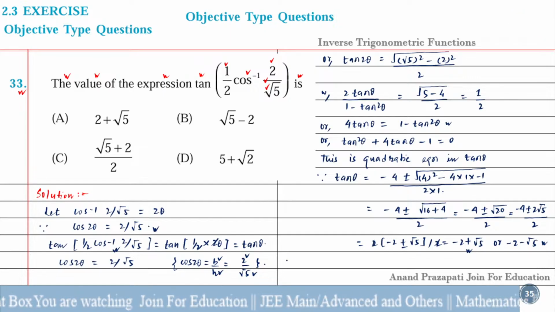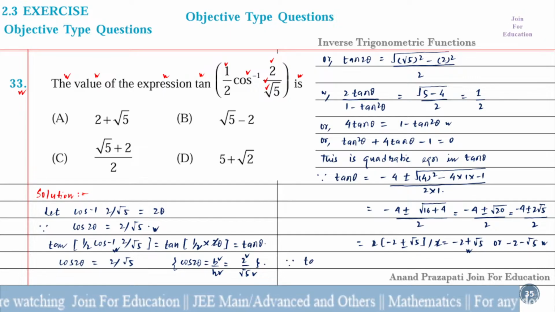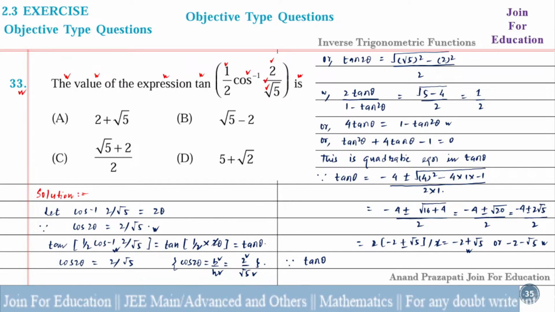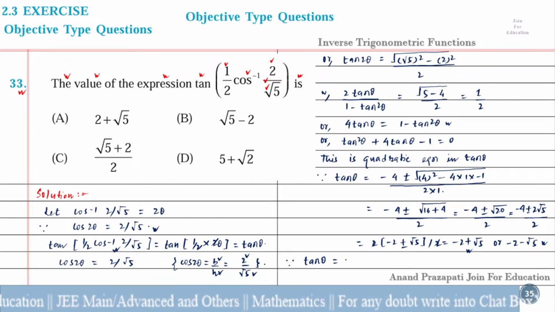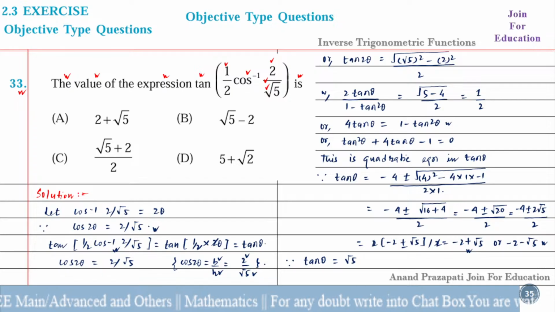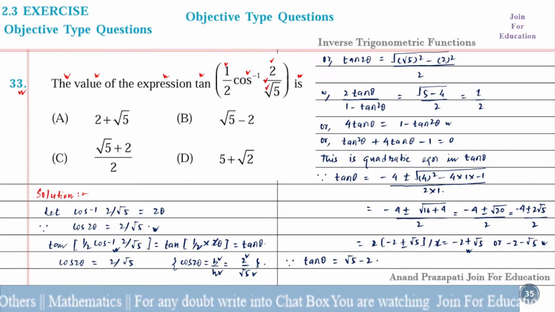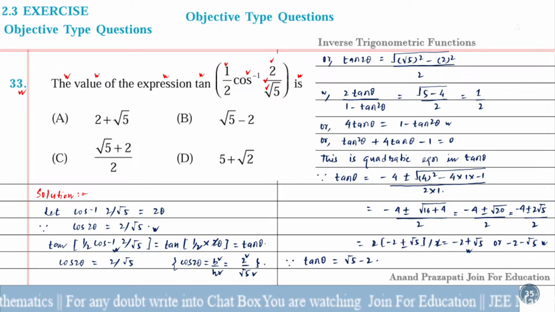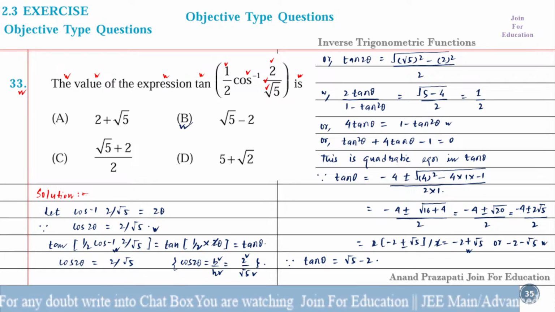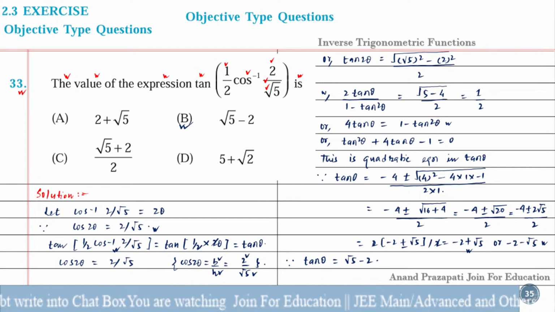Therefore, tan theta equal to root 5 minus 2. Root 5 minus 2 is in option B. So the correct option of this question is B.